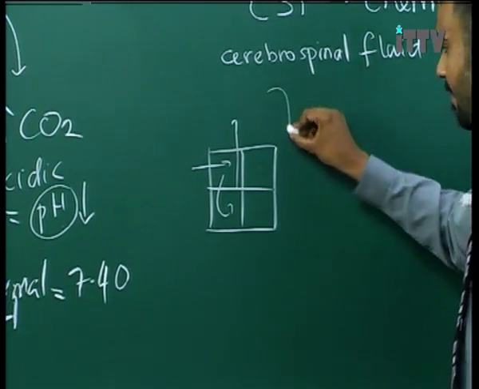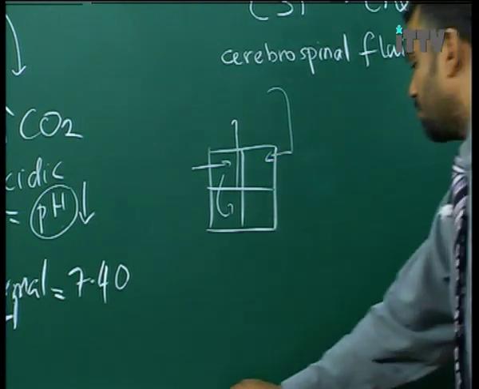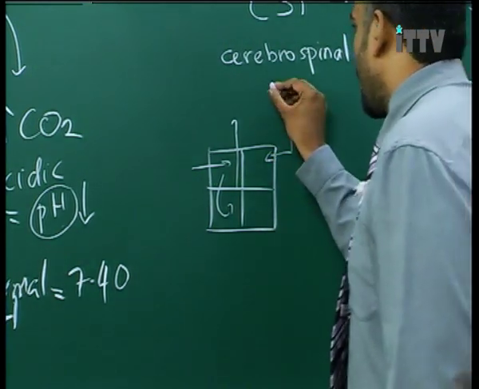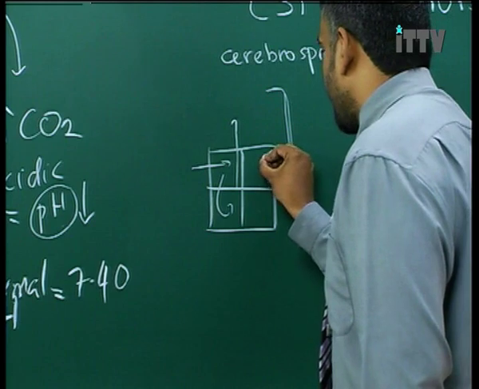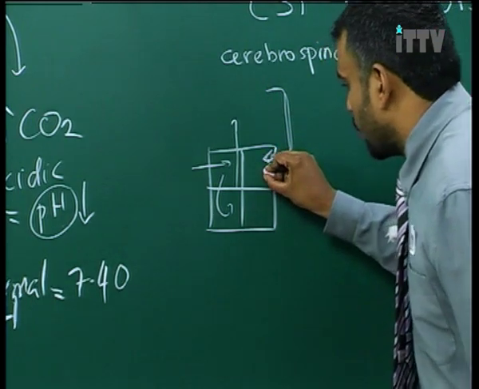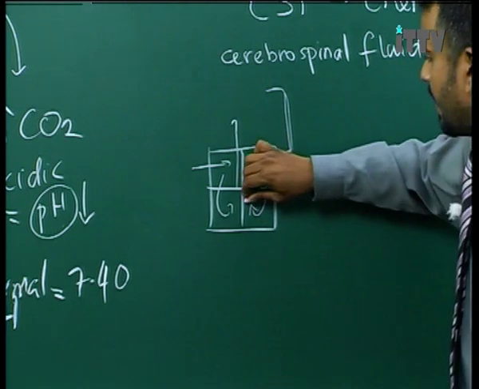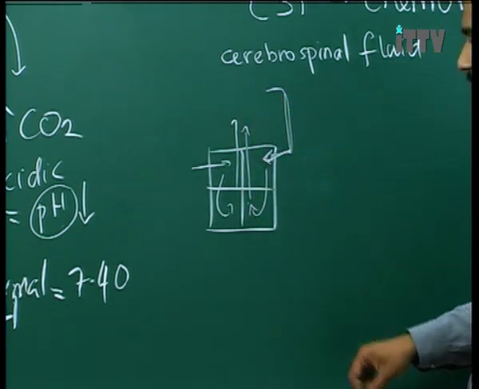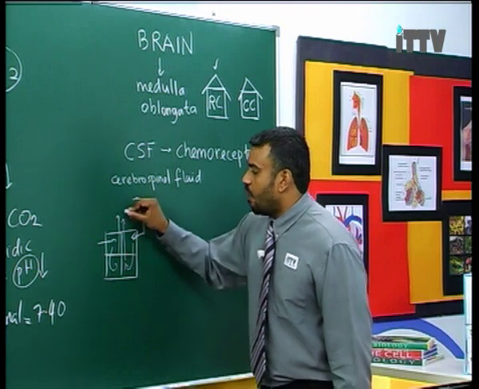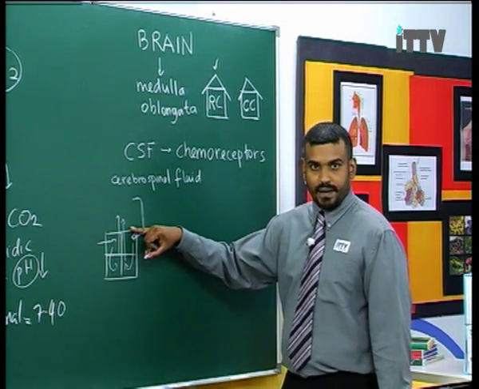Oxygenated blood will come back and enter inside here. Let me use a different color so that it's easy for you. Oxygenated blood in red comes into the left atrium, makes a U-turn and goes out. Correct or not?